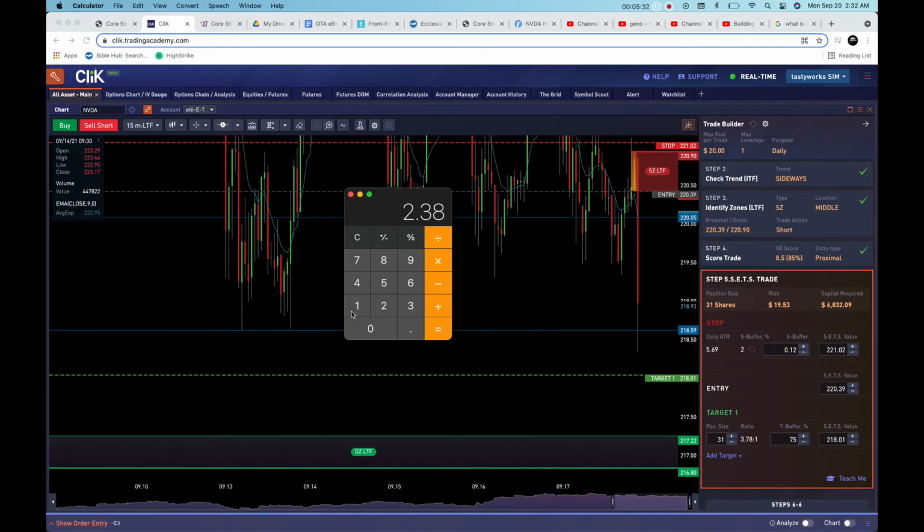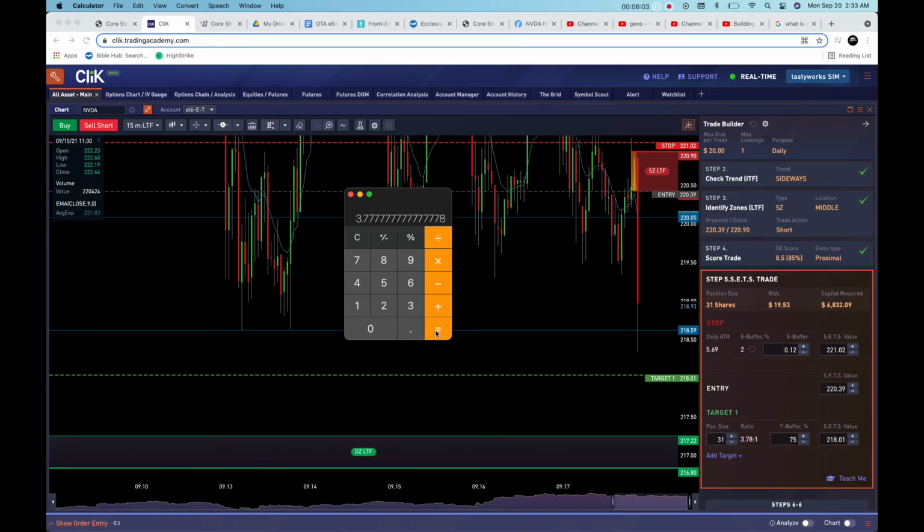So we want to keep that $2.38 in mind. You're now going to take the amount of your stop loss, which we can see here is 221.02. We're going to subtract our entry of 220.39, and that gives us 63 cents. We're now going to take 2.38 and divide that by 0.63.